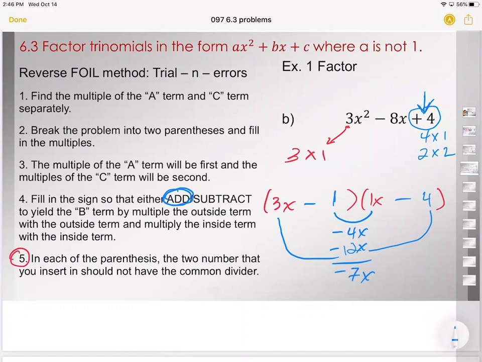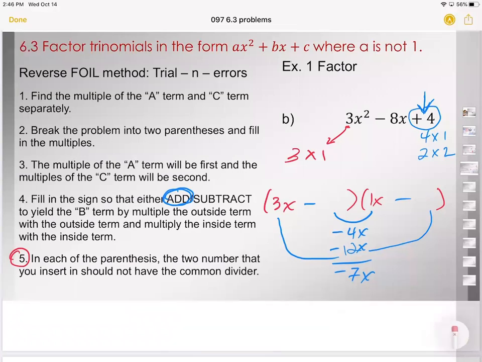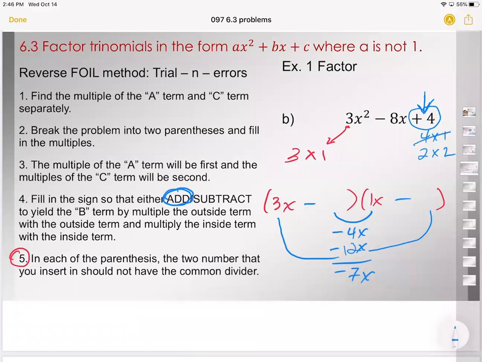The two numbers we put in are too big. So we know that we cannot use the 4 and 1. We have to cross our fingers that the 2 and the 2 work. If the 2 and 2 does not work, then we say that it's prime, okay?